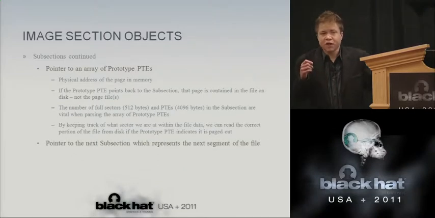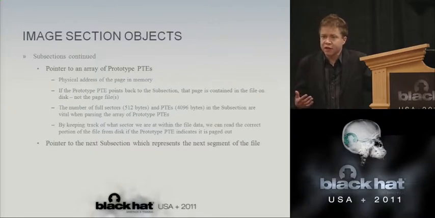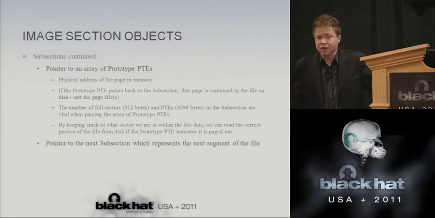However, if it's just a binary, it's not changing, the code doesn't permutate, there's no reason to write it to the paging file because every single process will share the same data and it can be located on the file system itself. So in NTDLL, if there's a page of memory that is in NTDLL that isn't in memory, it won't be in the paging file, it'll be in the file itself.